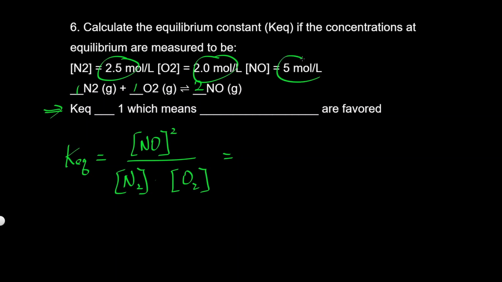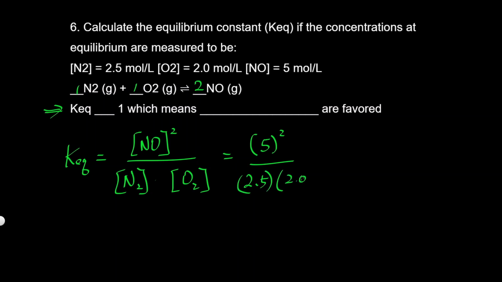They're all in molarity, mole over liter. So NO, nitrogen monoxide, is 5 molarity, squared over, it's unitless anyway, so 5 squared over N2 is 2.5, and then O2 is 2.0.